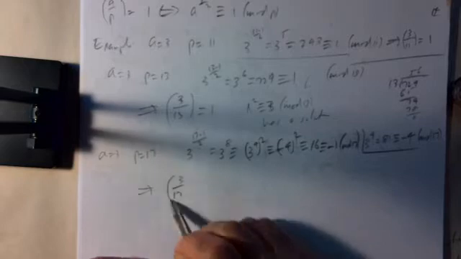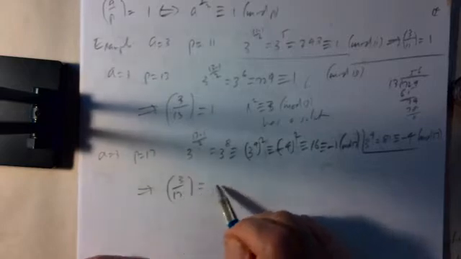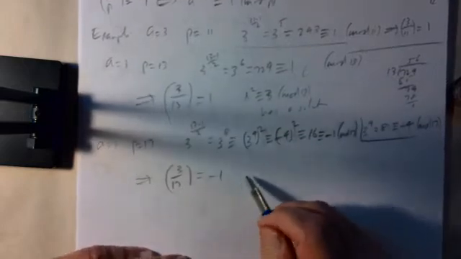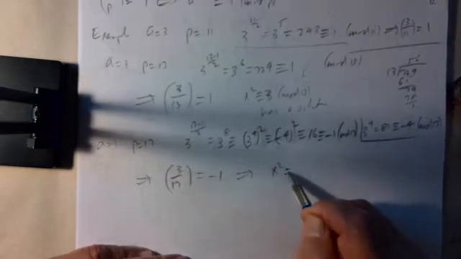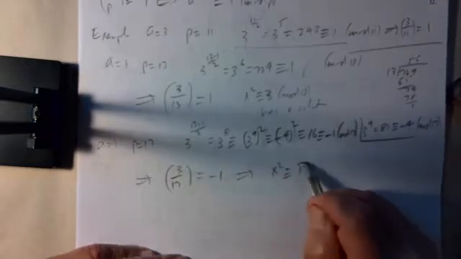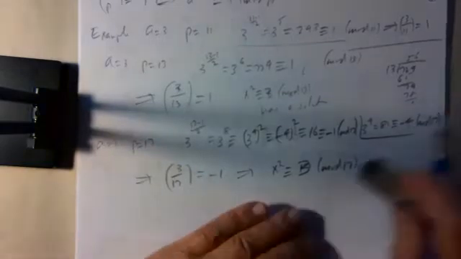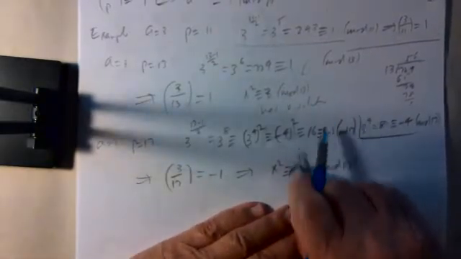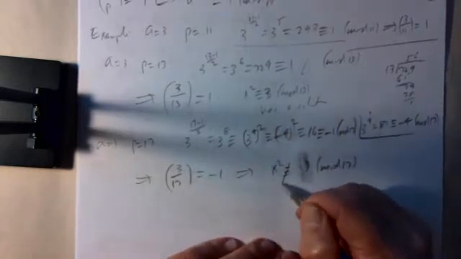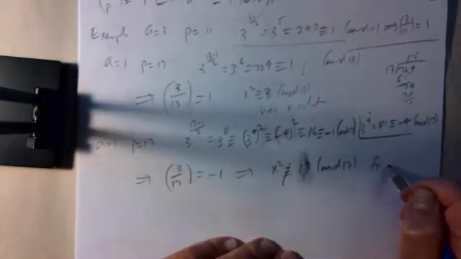So 3 is not a quadratic residue. The Legendre symbol is minus 1, which means x squared congruent to 3 mod 17 has no solution. So x squared is not congruent to 3 for all x.